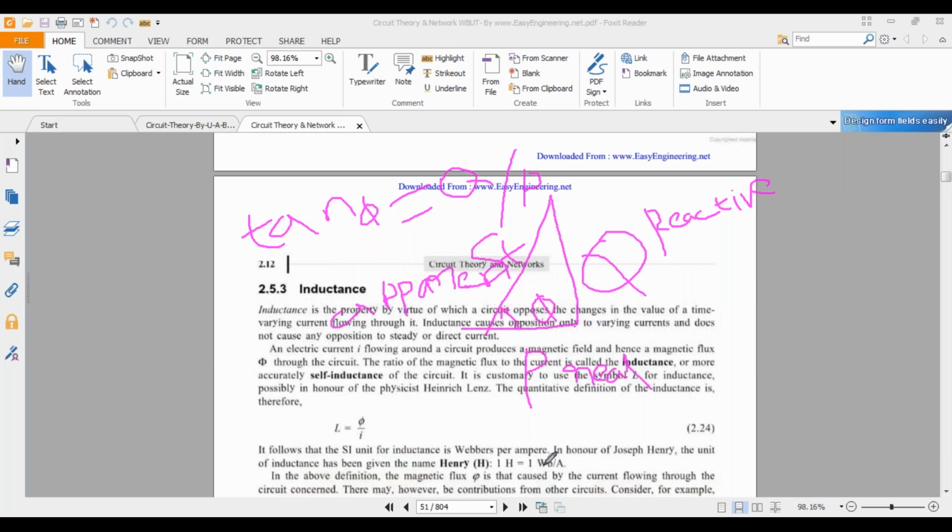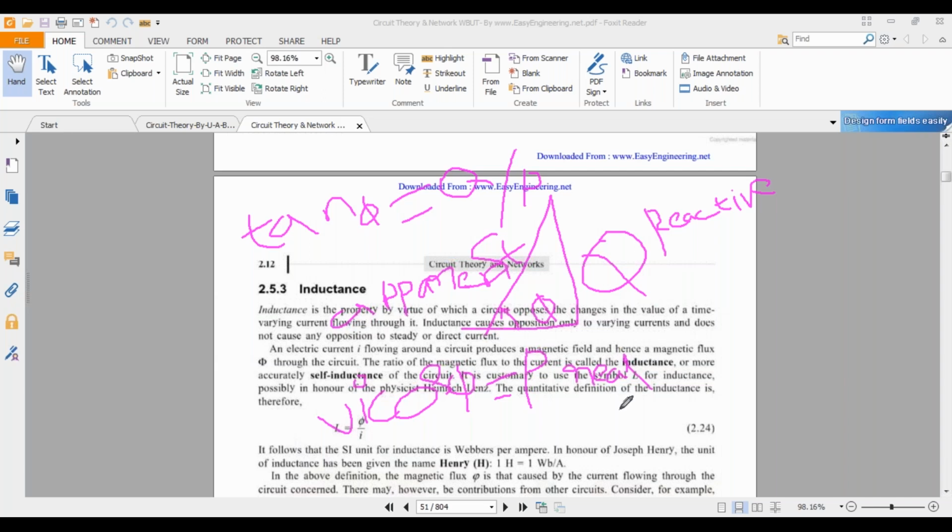If you want to write the equations for an active power, real power, P is equal to VI cos phi. VI, voltage and current across an element or a circuit, into cosine of that angle phi. VI cos phi is called real power or true power, or simply power.